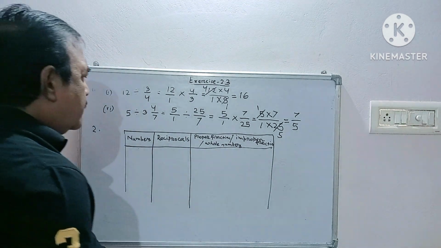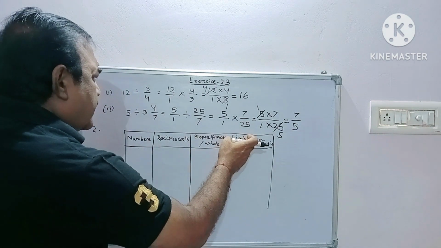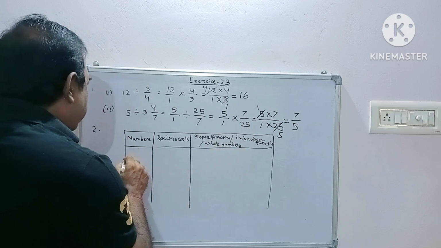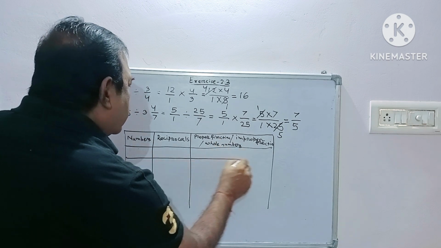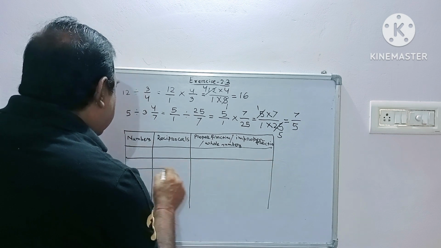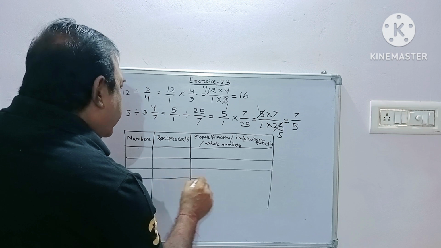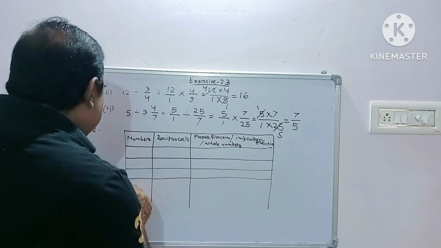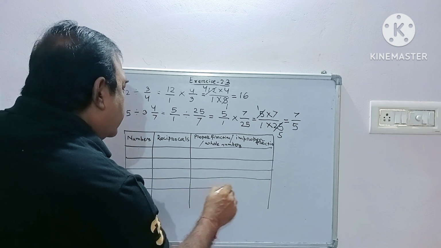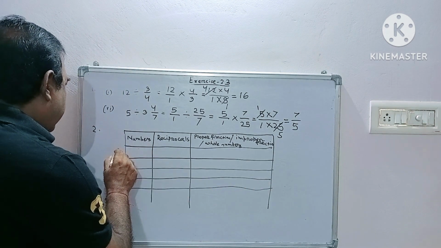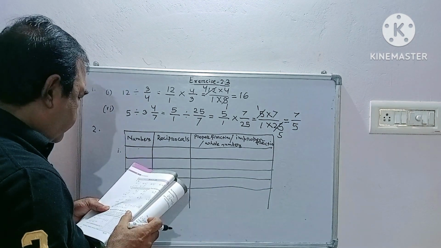So you can write the proper fractions or improper fractions or whole numbers in this column. Okay. So you just do like this. For each number, you make one row. So let it be I.